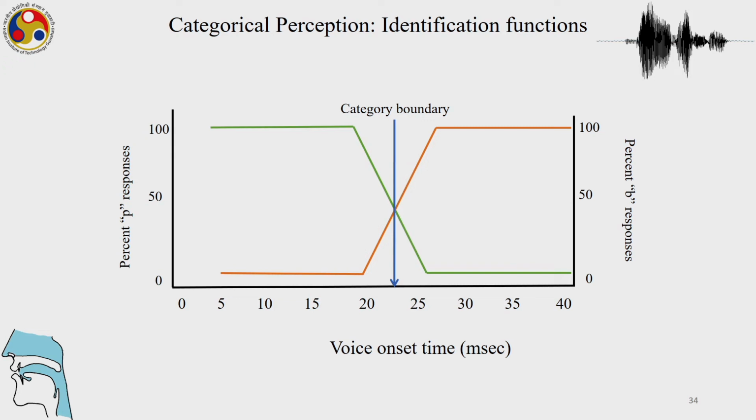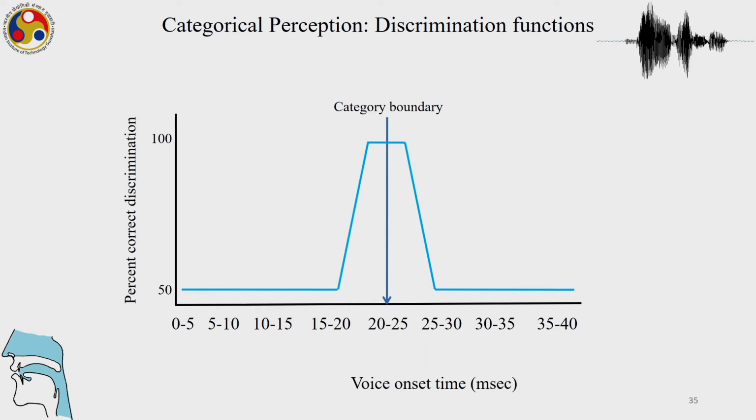Percentage ba responses go up to 100%, and percentage pa go up to 100% when VOT is around 20 milliseconds. So between these 5 milliseconds we have a proper category boundary which will decide whether a sound is this category or that category, but nothing in between.